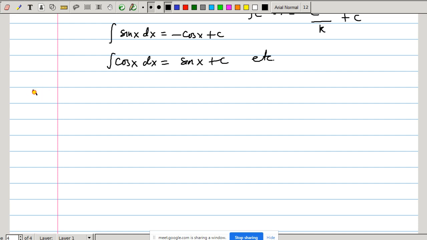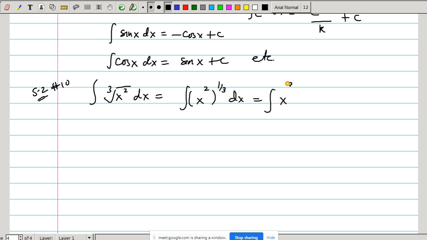See, these are simple. If I go to 10, it is the integral of cube root of x square dx. So I cannot do it directly. I have to write this as a power. X square is there, and you know that cube root means power 1 over 3, right? So if I write this as one power, it is x to the power 2 by 3 dx.